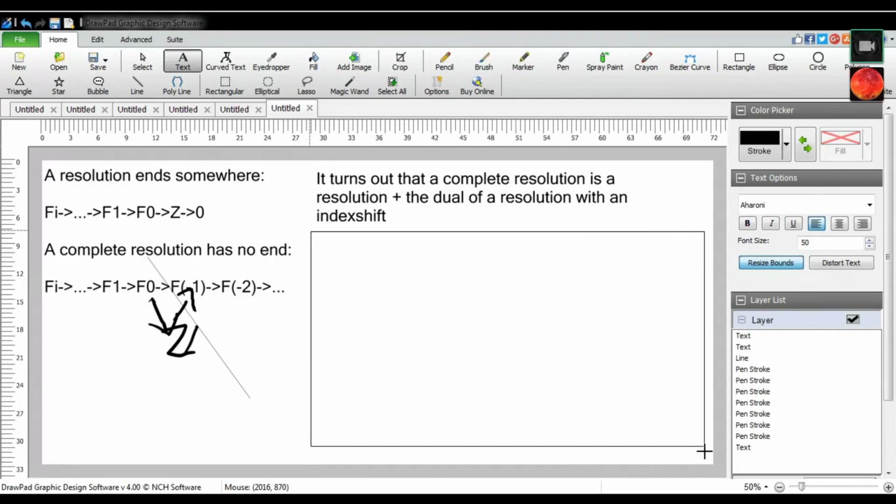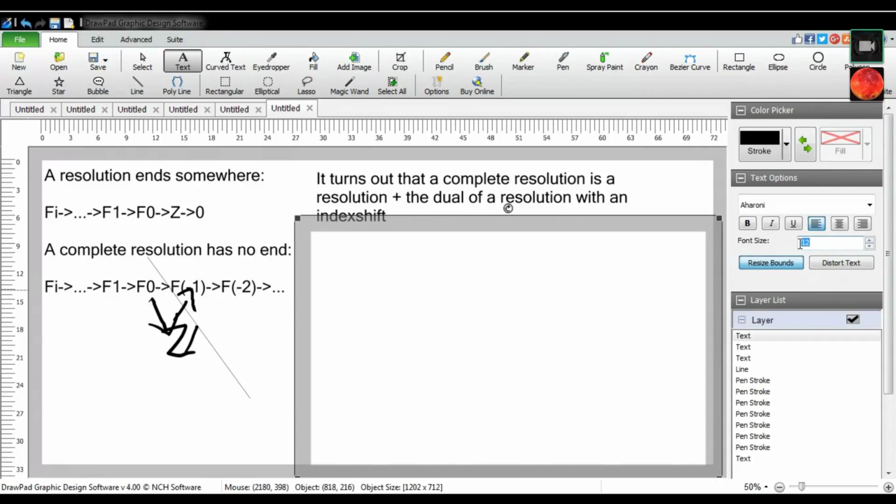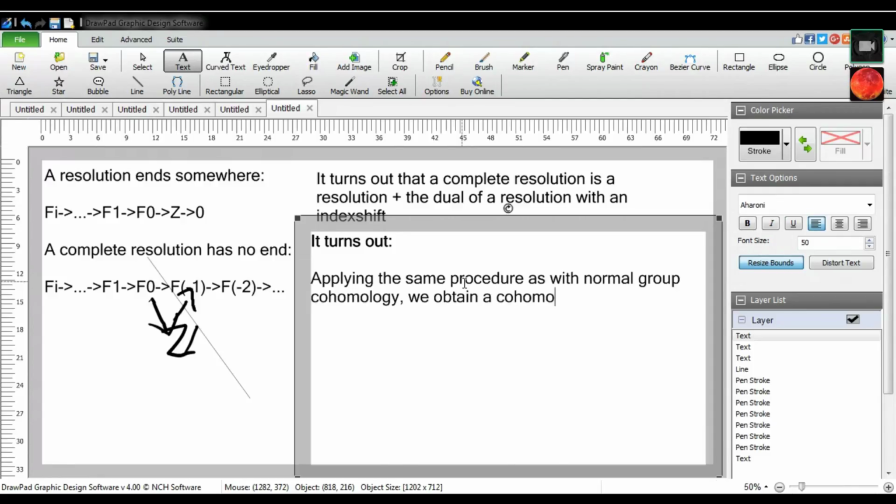And as it turns out, applying the same procedure as with normal group cohomology, we obtain a cohomology theory called Tate cohomology. It's usually written with an H hat, but I can't draw it like this. I'm sorry.